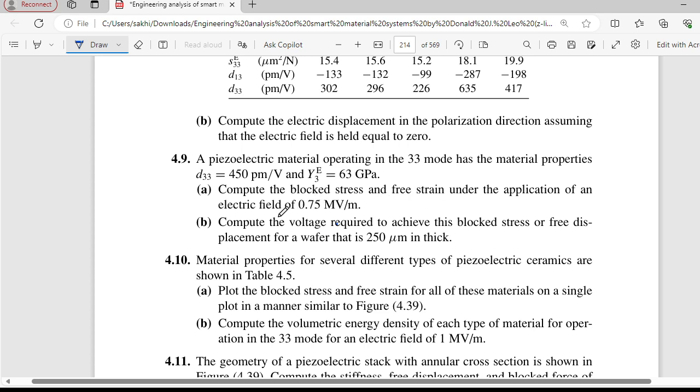We will also compute the voltage required to achieve the block stress or the free displacement for a layer that has 250 micron thickness. So we have to compute the block stress and free strain under the electric field, right?